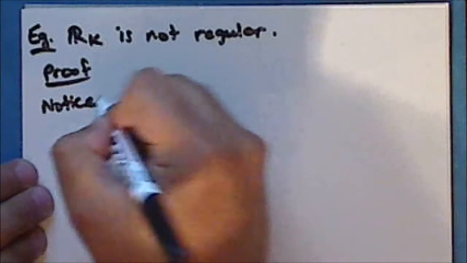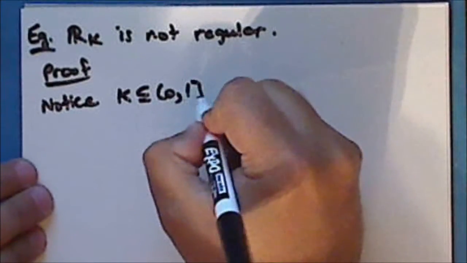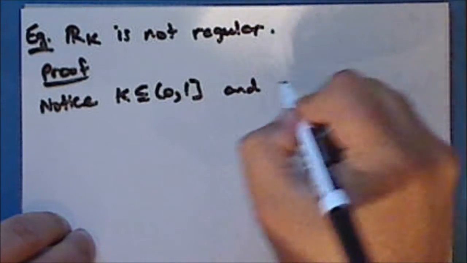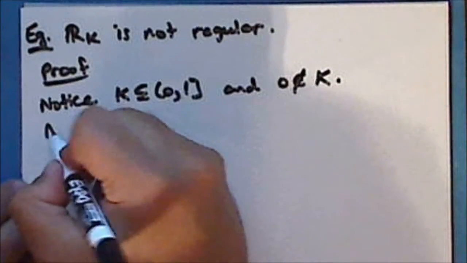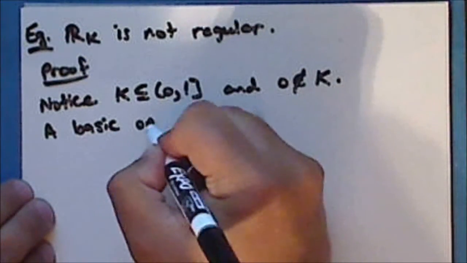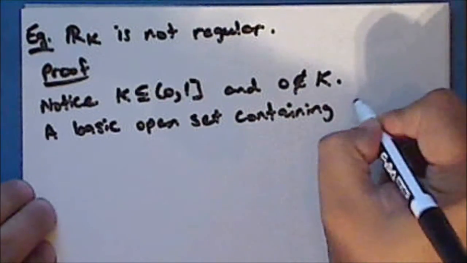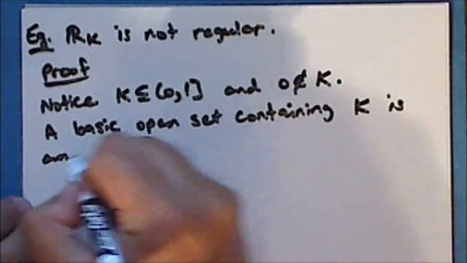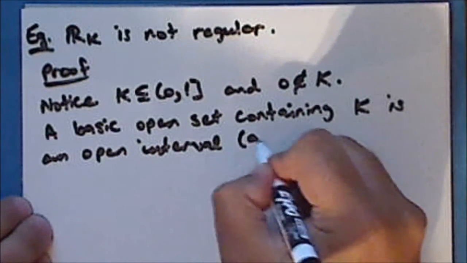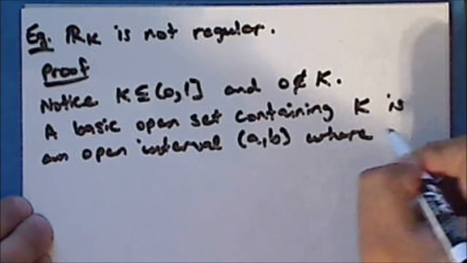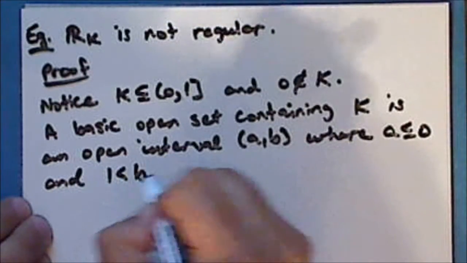Notice that the set K is contained in the half open interval from 0 to 1, inclusive of 1, and that the number 0 is not in the set K. Now a basic open set containing the set K is an open interval from A to B where A is less than or equal to 0 and B is greater than 1.